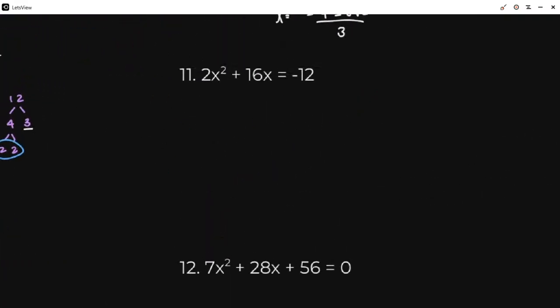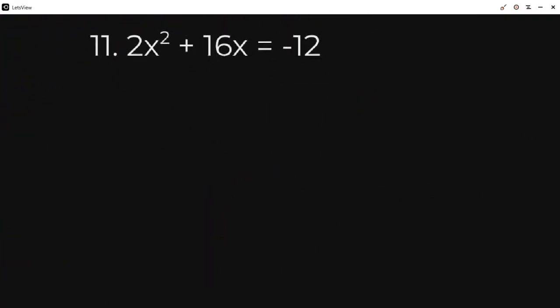Okay, the next one we have 2x squared plus 16x minus 12. So we already have the c value that was given on the other side, so we don't have to do anything. But we do want to first factor out the 2 because completing the square only works if a is 1.